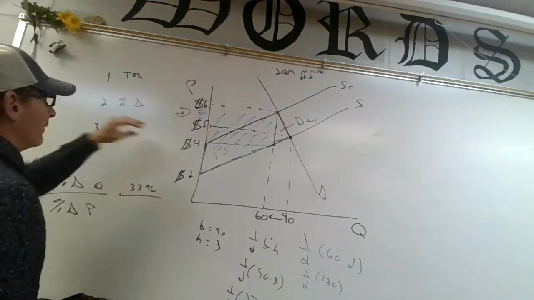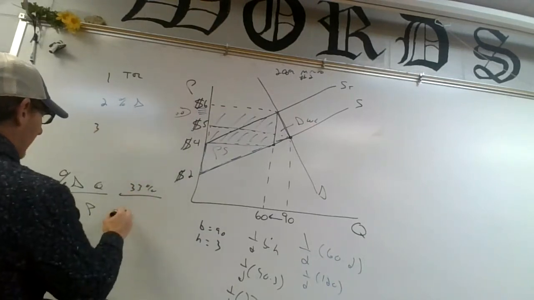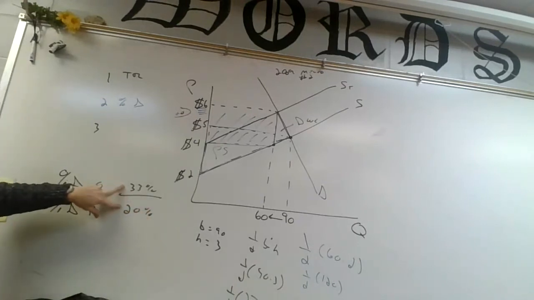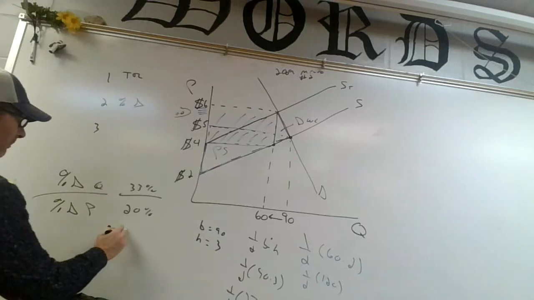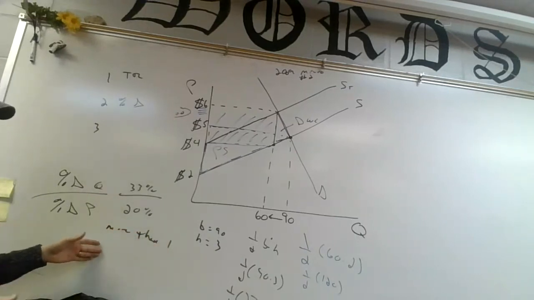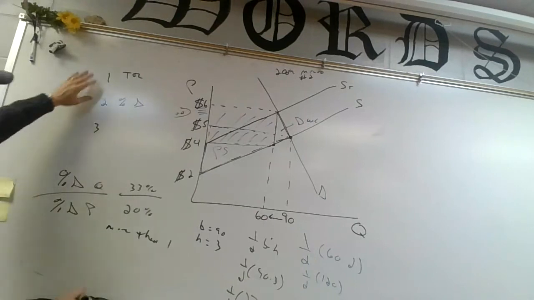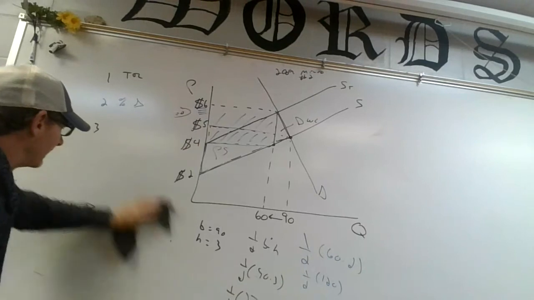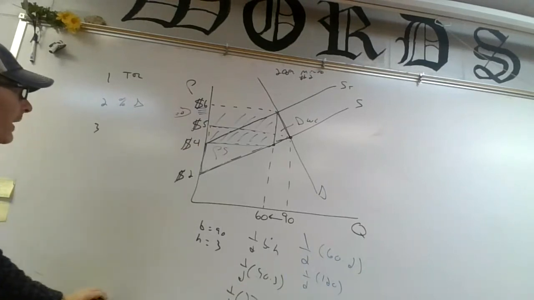From 5 to 6 is 20%. If you divide 33 by 20, you get more than 1. Remember, if the elasticity is more than 1, it's elastic. So the percent change shows it's elastic, and total revenue shows it's elastic.